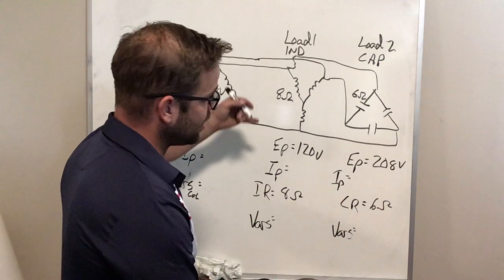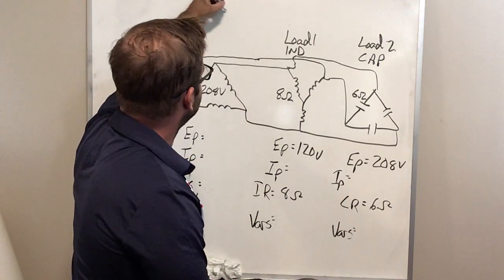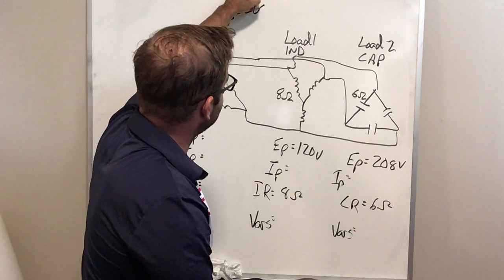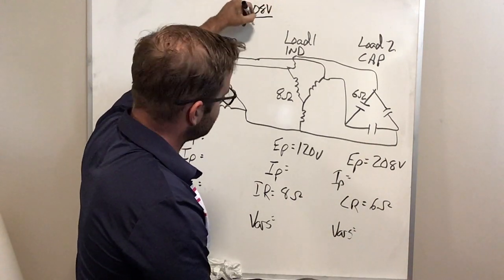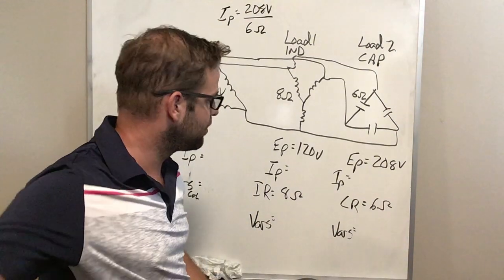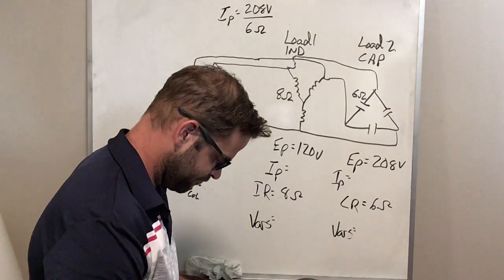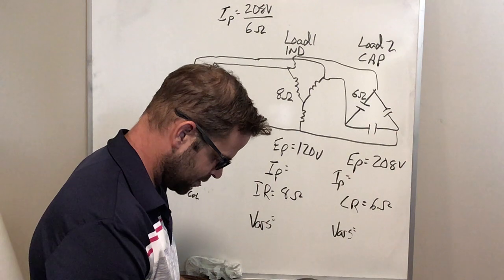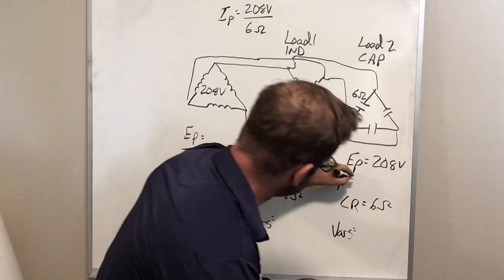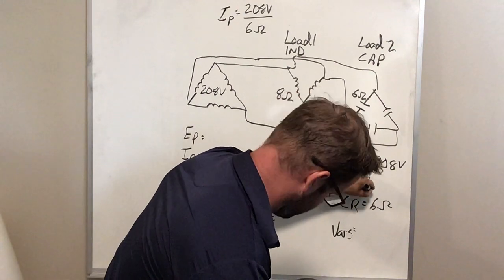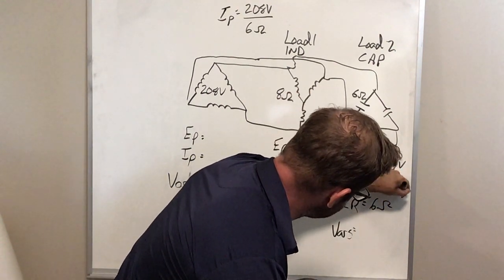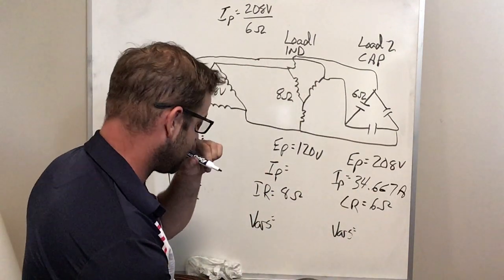So if we use Ohm's law again, fairly straightforward, our I phase is equal to 208 volts divided by 6 ohms, gives us our current. So 208 divided by 6 gives us 34.667 amps.